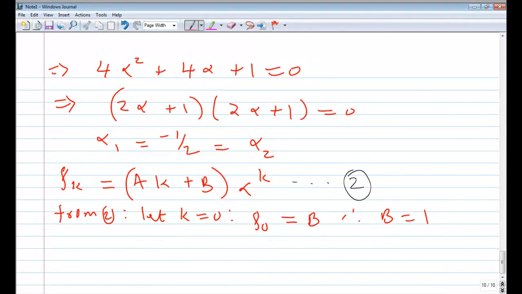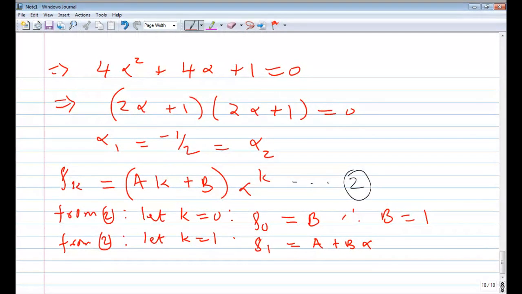Are we together? Yes, sir. Okay. Then again from equation number 2, you let K to be equal to 1. If K equal to 1, you go to rho 1, A plus B alpha to the power 1.